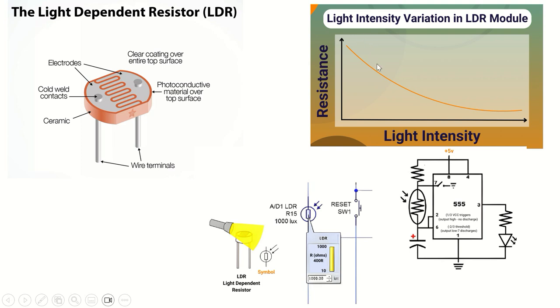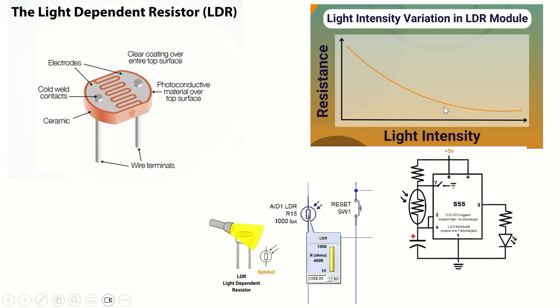The material property is such that if you throw some light on this material, as the intensity of the light is increasing, the resistance between these two leads is decreasing.